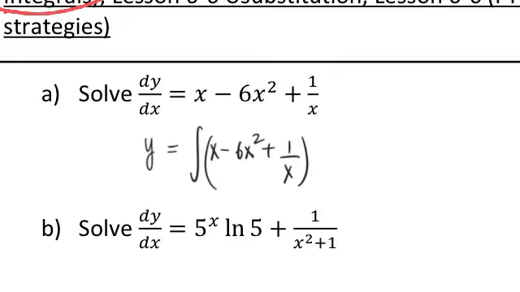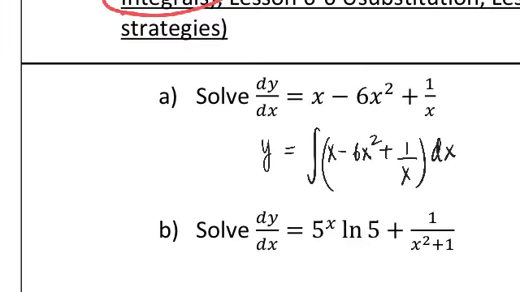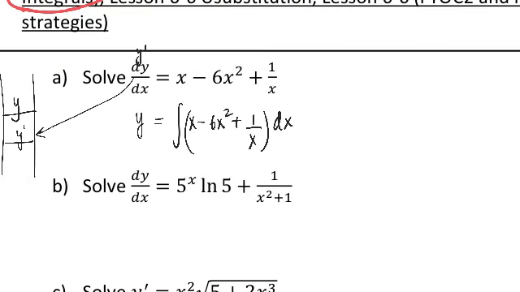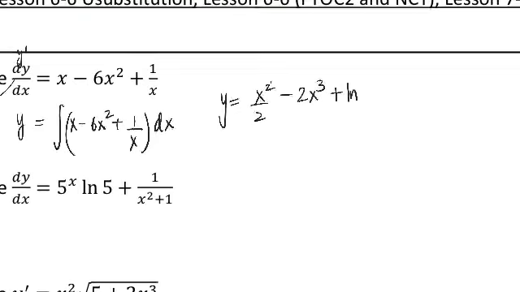Because we know that the dy/dx that we're given is sitting here, that's my y prime, then I take an integral to go back up to y, and that's all we're doing. We're just solving for y. So y then is equal to x squared over 2 plus, minus 2x cubed plus ln x plus c.